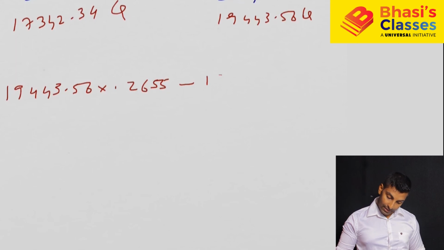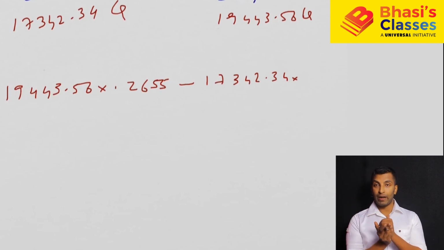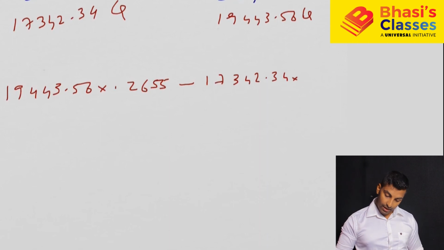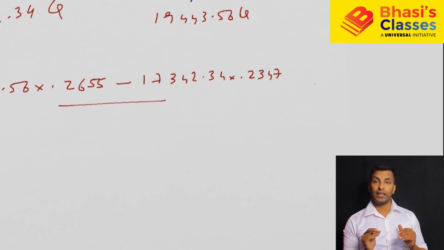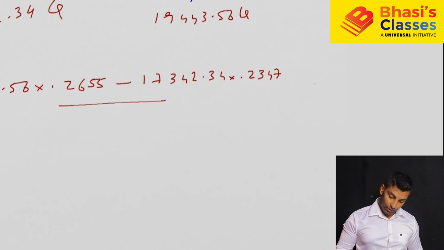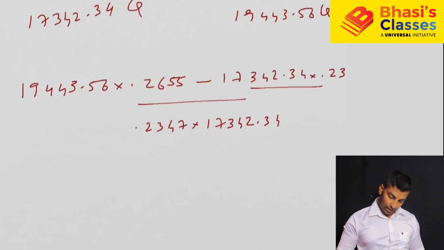So 17342.34 into 23.47 divided by 100, which I can write as 0.2347, divided by the base, that is 2016. So 0.2347 into 17342.34 into 100. That's how you will calculate the percentage.